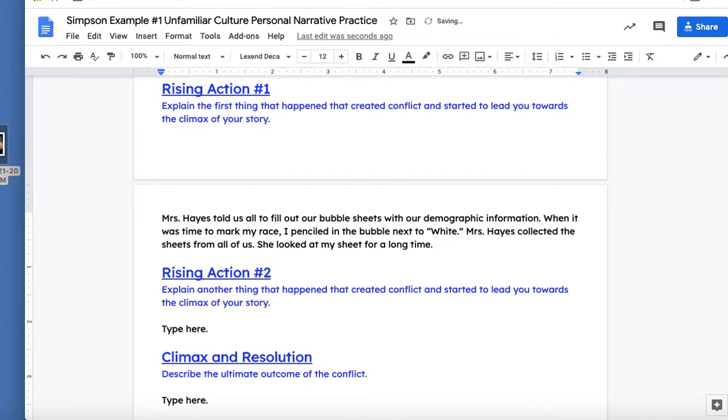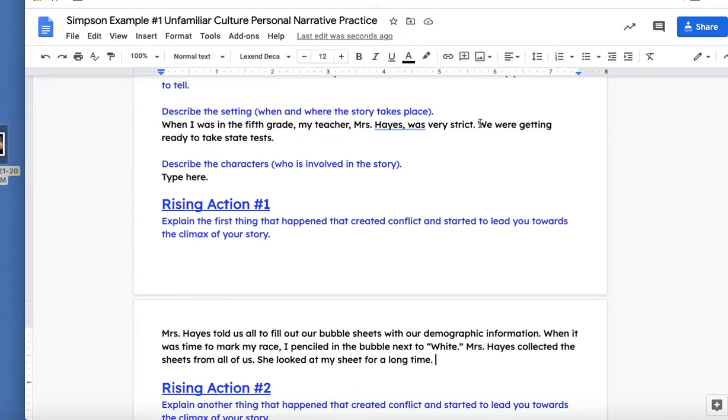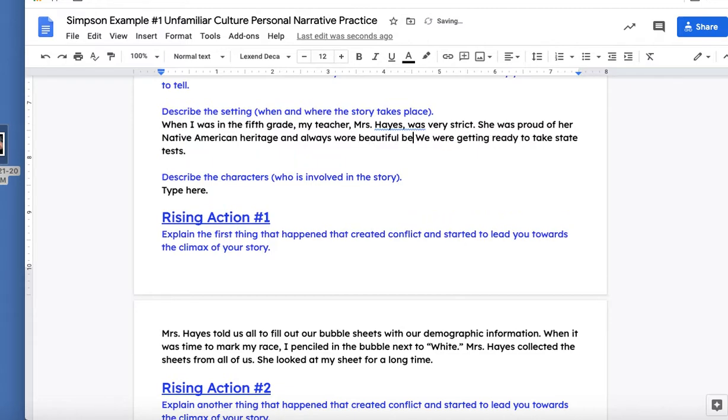And I think actually I need to go back and maybe add some more things about her character. So as you're writing, that's going to be part of that writing process. So I think it's actually important to mention that she was Native American. So my teacher, Mrs. Hayes, was very strict. She was proud of her Native American, this is important to my story, heritage, and always wore beautiful beaded clips in her long black and gray hair.